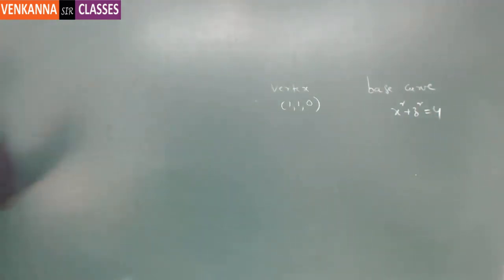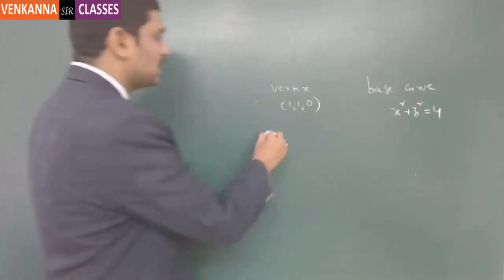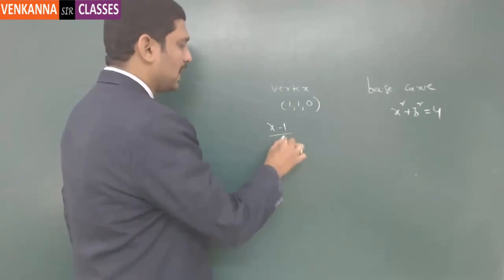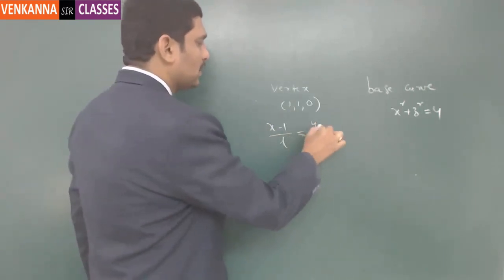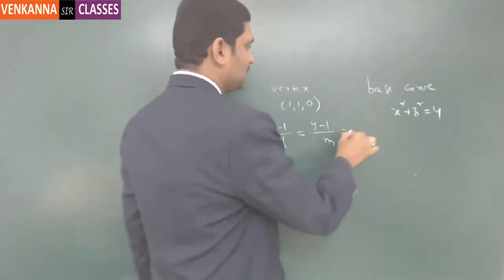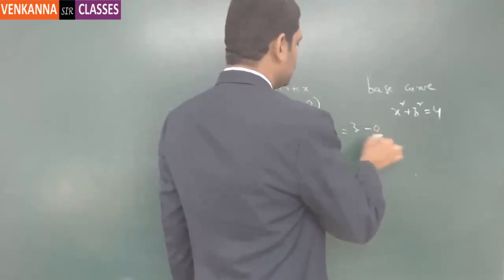Now let us do it together. First of all, I have to write the generator equation. So it is nothing but (x minus 1) by l equal to (y minus 1) by m equal to (z minus 0) by n.